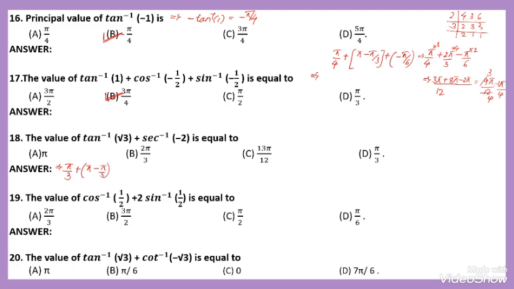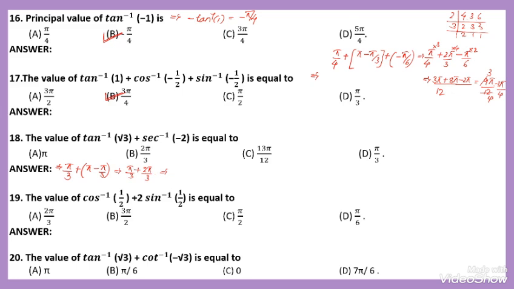Now, while solving here, pi by 3 minus, here taking LCM, with sec inverse of minus 2. Okay. Here, pi by 3 plus 3 into pi, 3 pi minus pi, that is 2 pi by 3.